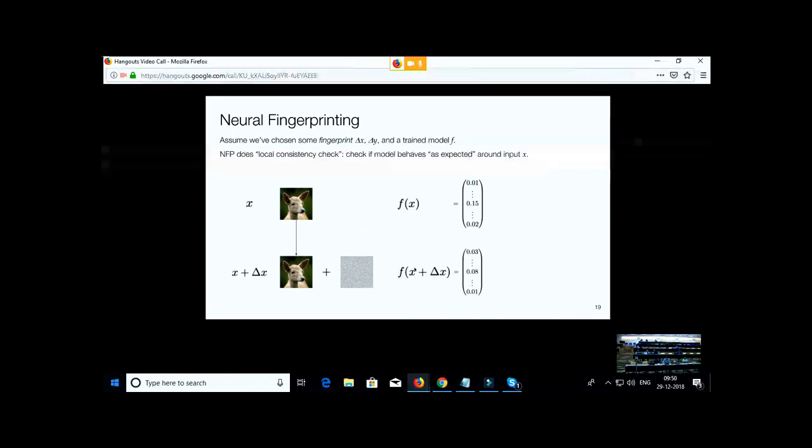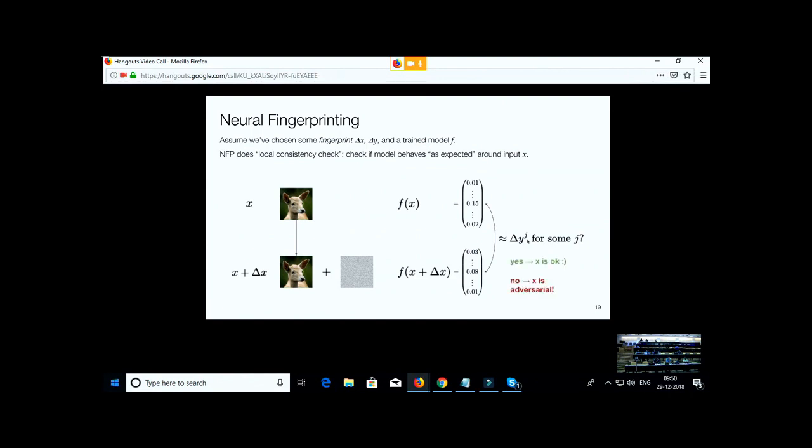I can compute the output of this neural network on this x plus delta x. And then I compare the two outputs and see if they match my chosen delta y. And now assume that I have a collection of these, and I can just see, is there any delta y that matches the output of the network?